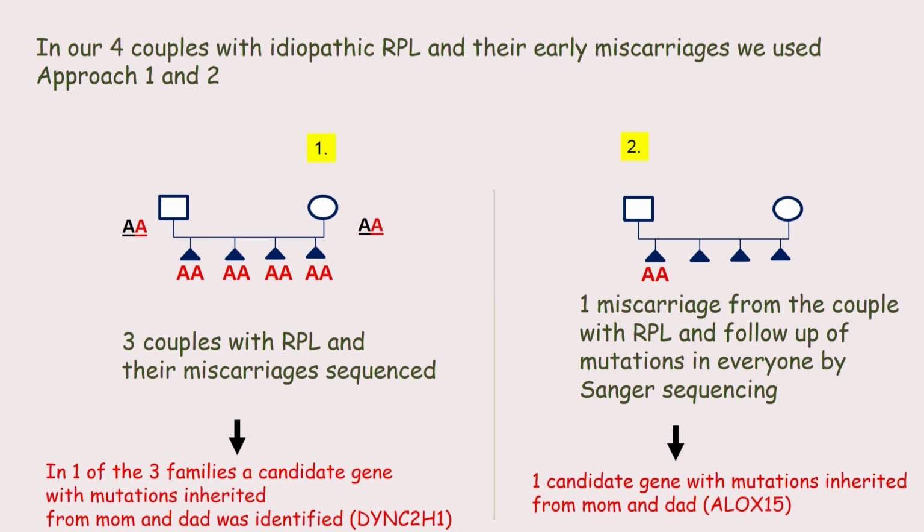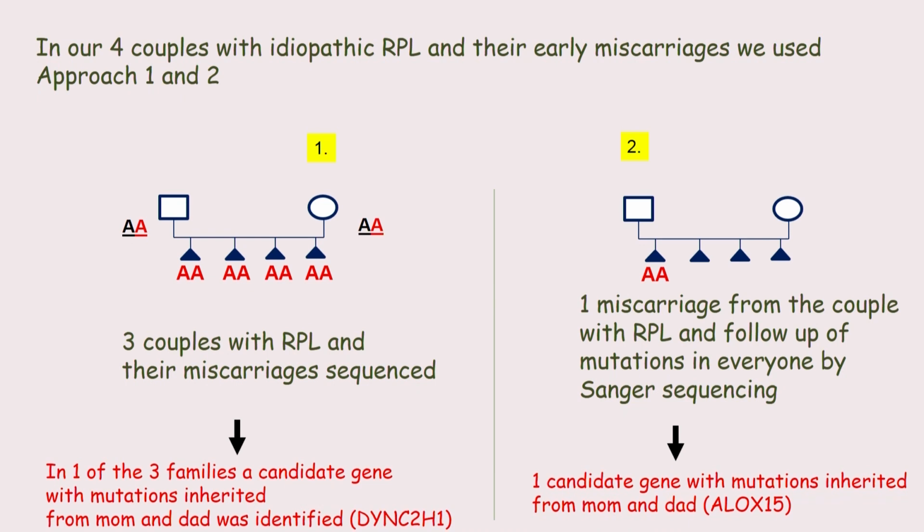So in approach 1, we exome sequenced 3 couples and their miscarriages. And 1 out of 3 of those families had mutations that we considered could be associated with recurrent pregnancy loss.